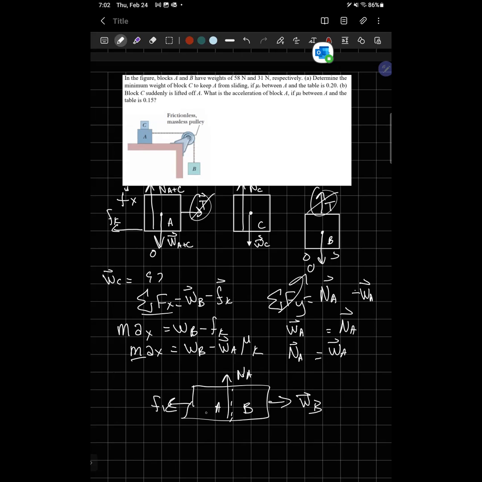Can you add 58 plus 31 and then divide that by 9.8, or would you have to do it individually? You can combine them and then divide.